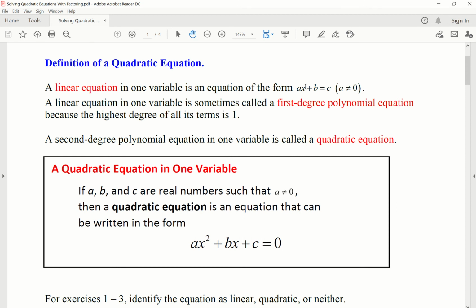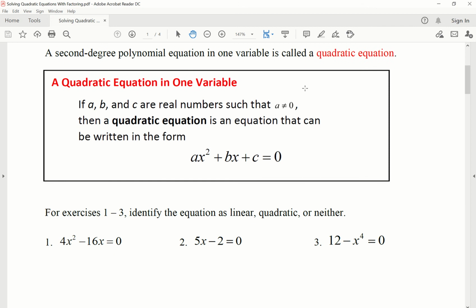So if you have a variable to the first power along with some additional coefficients, so that a, b, and c would be real numbers, and we require that a is not equal to 0, otherwise this whole term would be 0 and the variable wouldn't show up in the first place. So in any polynomial equation, we always require that the leading coefficient be non-zero. Okay. So that's what we meant by a first degree polynomial. It's just a linear equation. The highest power of the variable you have is to the first.